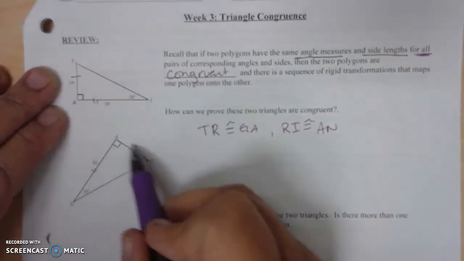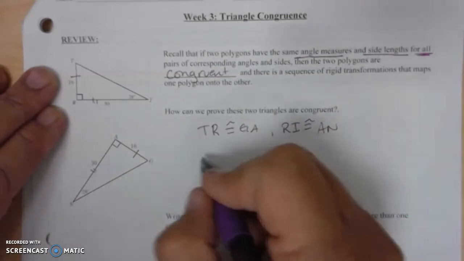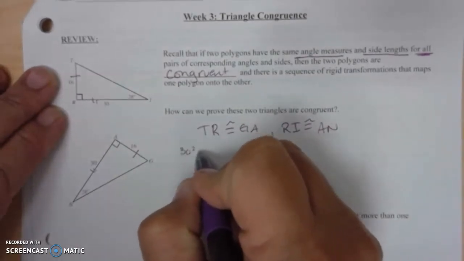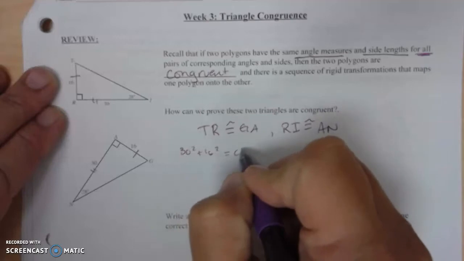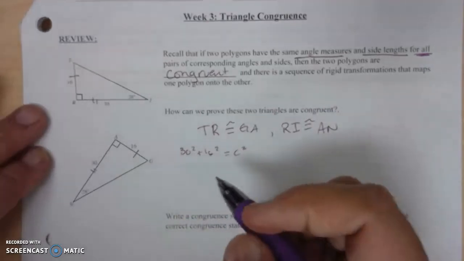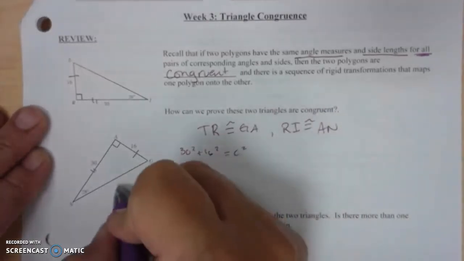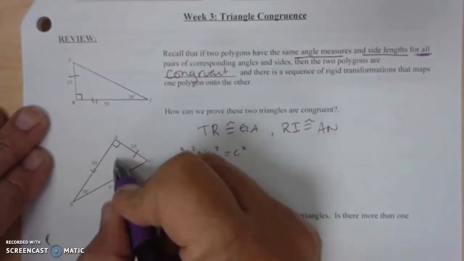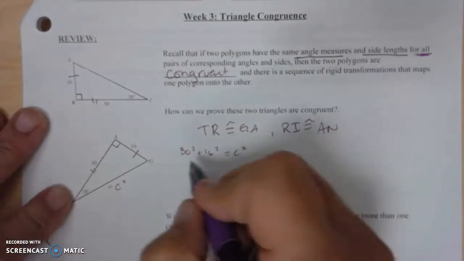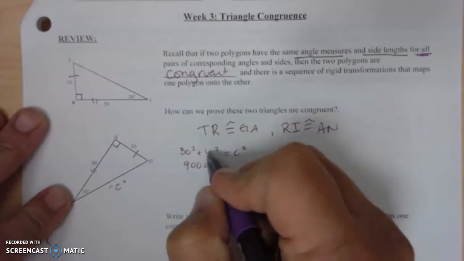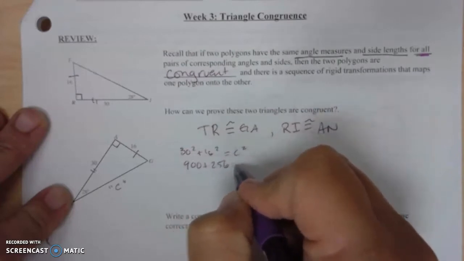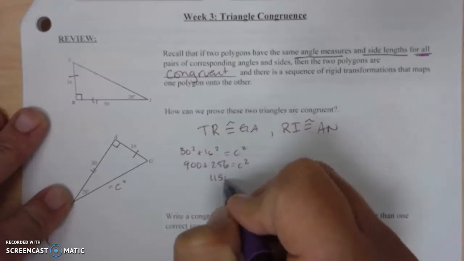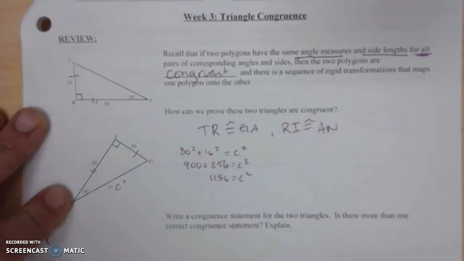Now I have to figure out what this third side is. So I'm going to do a little bit of math. I'm going to do 30 squared plus 16 squared equals c squared, the Pythagorean theorem, a squared plus b squared equals c squared. The hypotenuse, or always the longest side, is our c. So we're going to get 900 plus 16 squared is 256. Add that together, you get 1156 equals c squared.